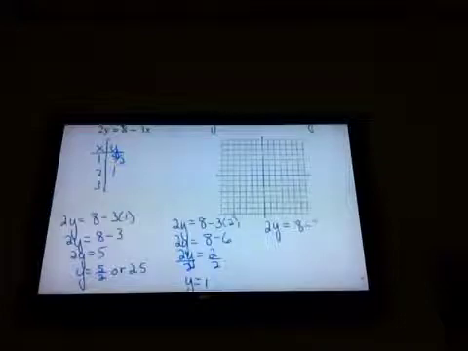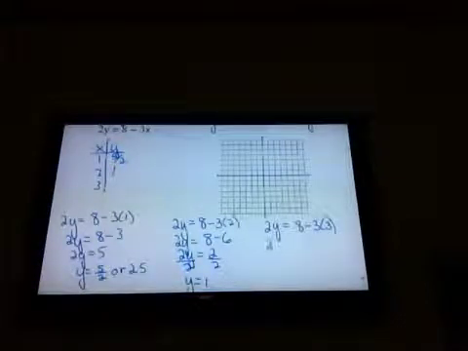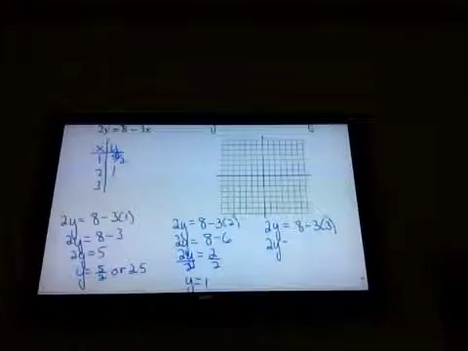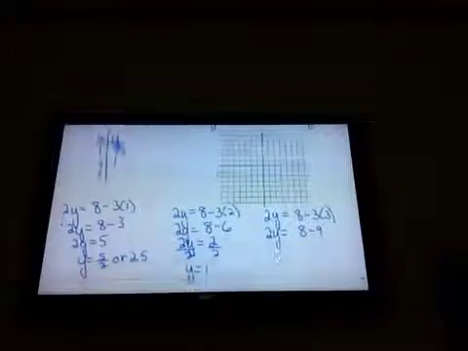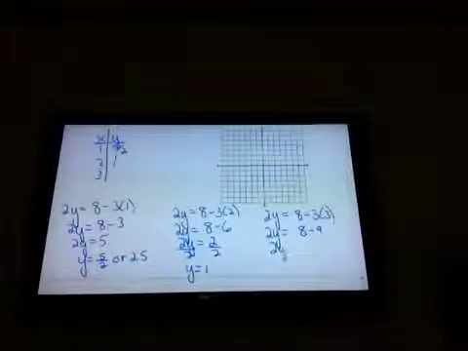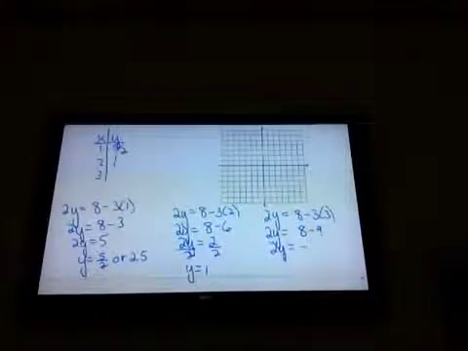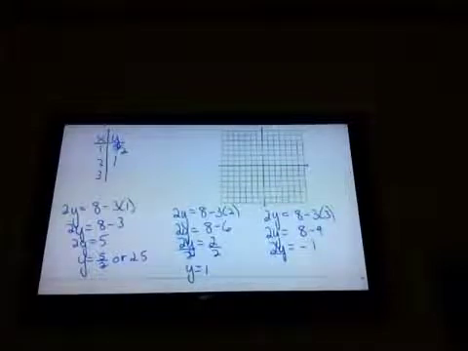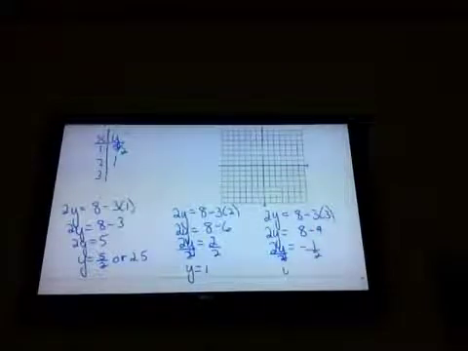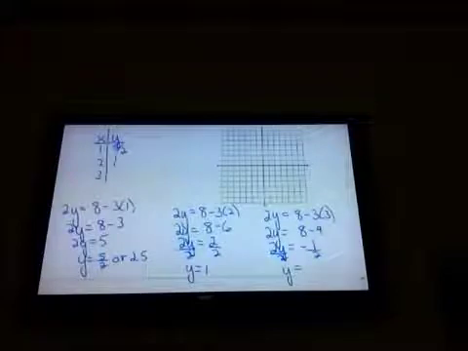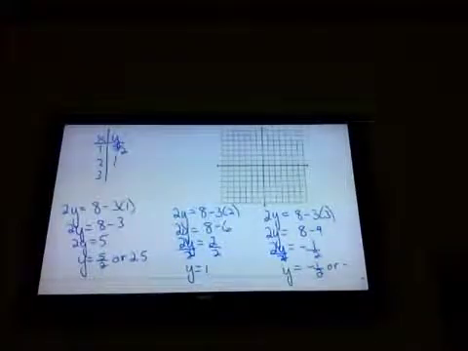And then my last one, my 3. 2y equals 8 minus 9. 8 minus 9 is negative 1. Divide by 2 and you have a negative 1/2 or negative 0.5.